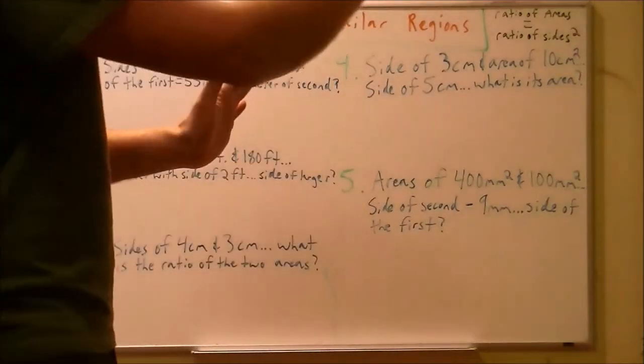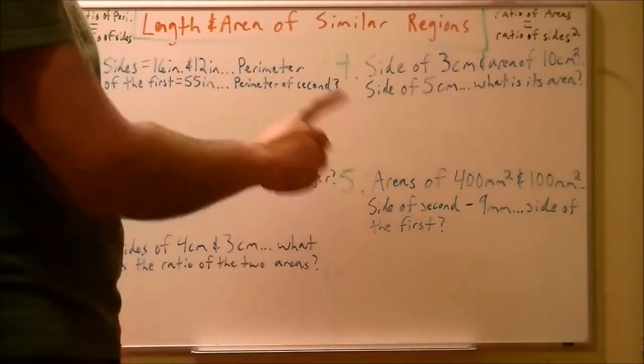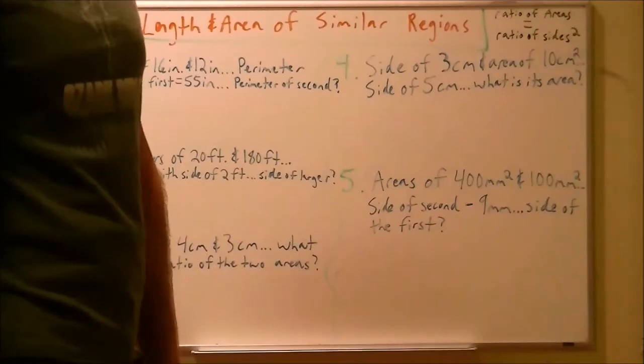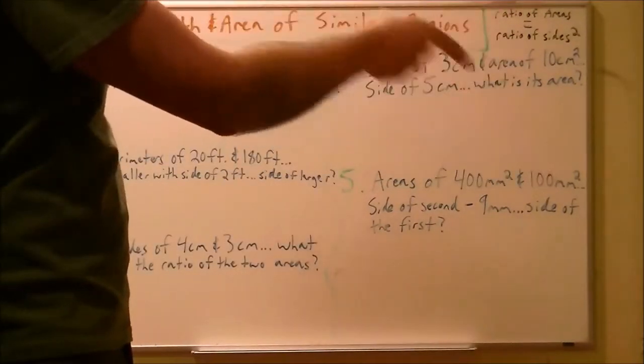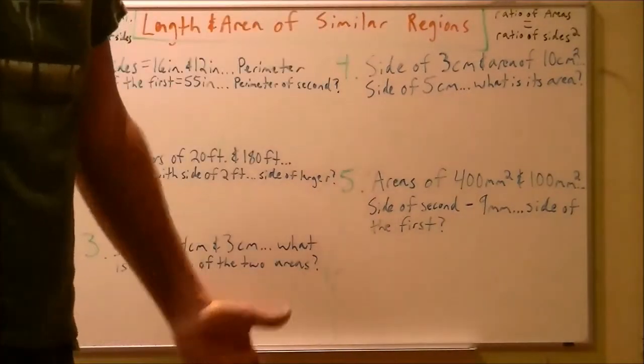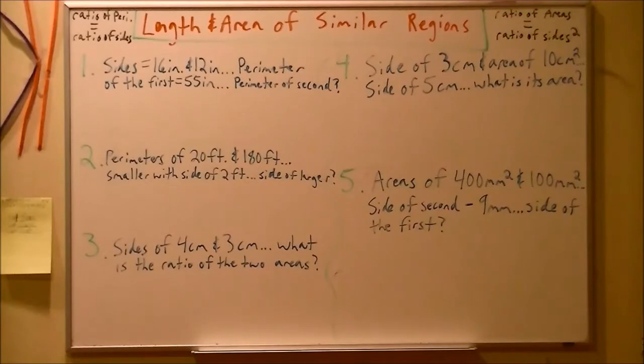And whatever's across from that equal sign corresponds to what's on the other side, whether it's on top or on bottom. And when it's all said and done, all we're going to do is cross multiply, and then we just solve from there. It's really pretty simple stuff, just like basically everything in this chapter up to this point has been.